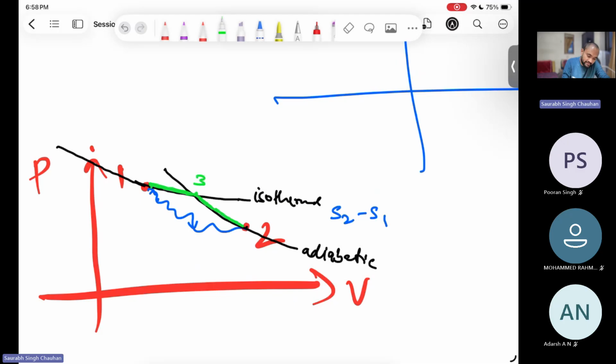Let us say this is point 3, so the path becomes 1, 3, 2. If you calculate the entropy change along path 1 to 3, then 3 to 2, it will be equal to the entropy change along the random path. Is that clear? When the process is adiabatic, dq is 0, right?